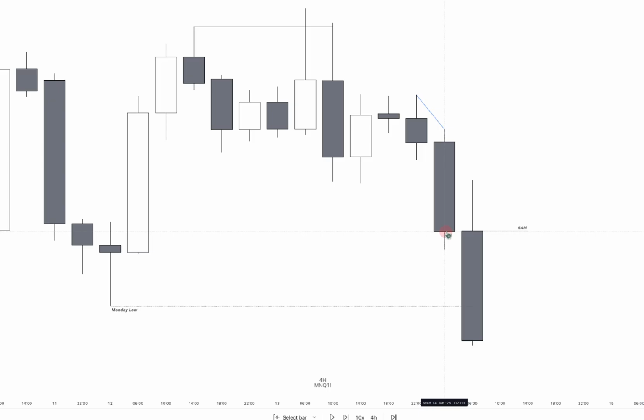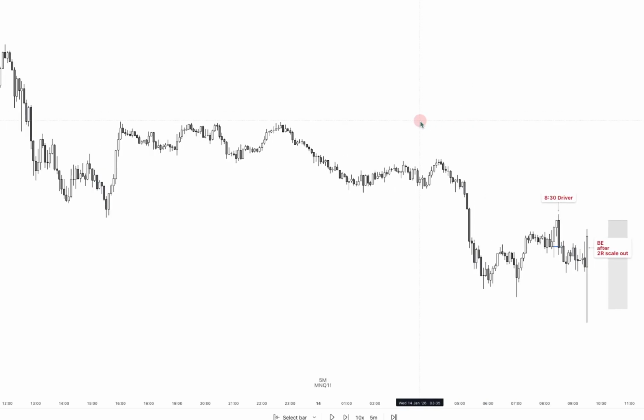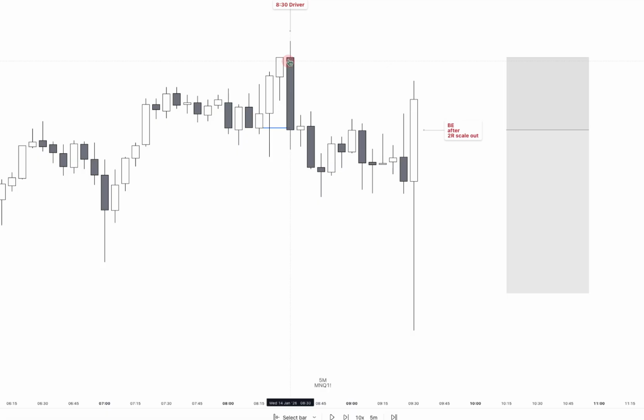So when we are here super close to Monday's low and closing through this relevant low, the only thing I can do is to trade lower. So that's what I did when the news came out, and this is the candle that we got from the news.